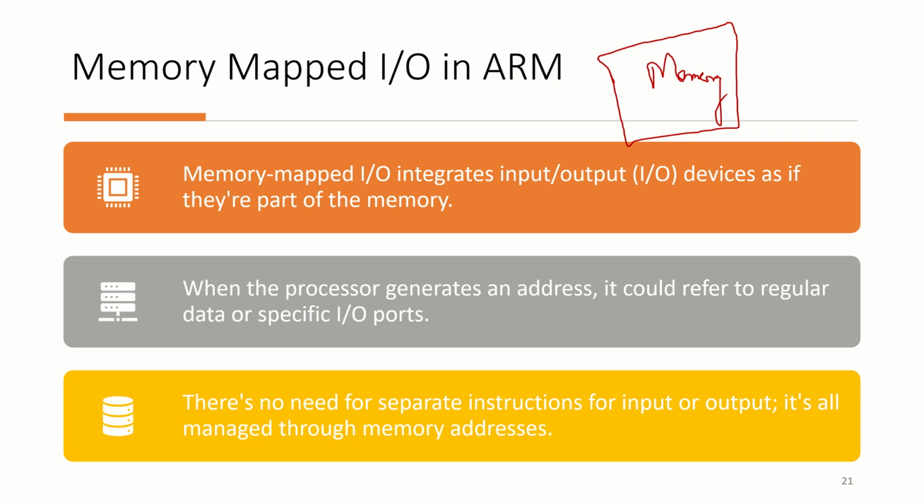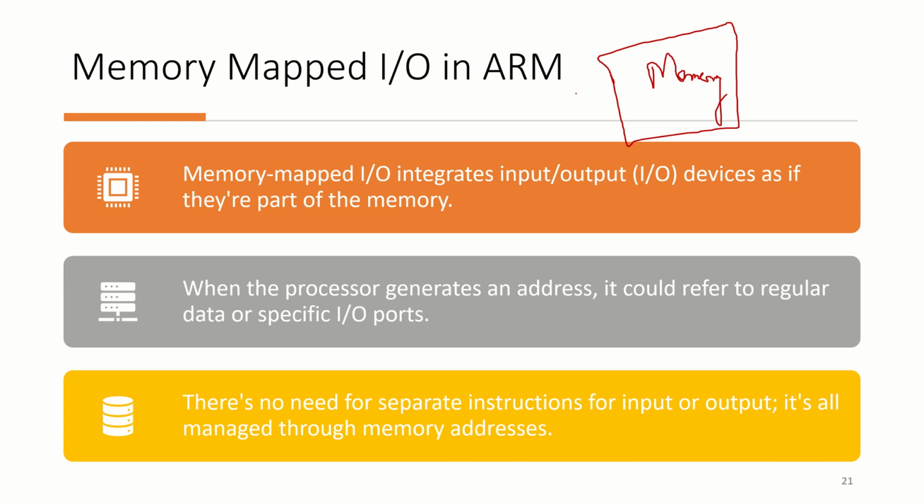Input devices, you add some sensors and you want to see the values from there also. So you have integrated some input output devices, and from the input devices you want to take the values, and to the output devices you want to give values.